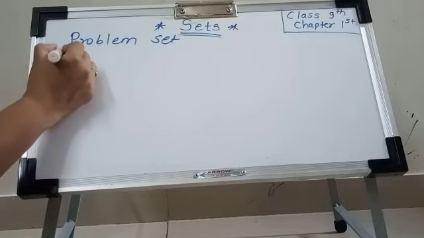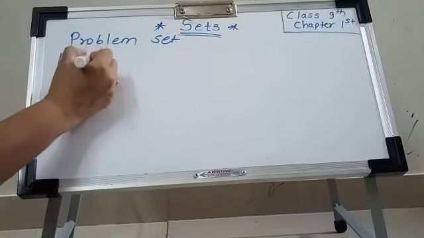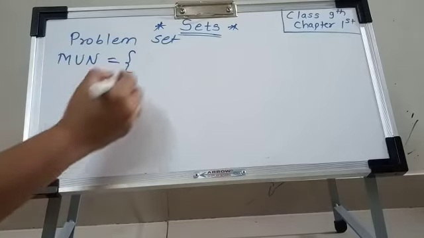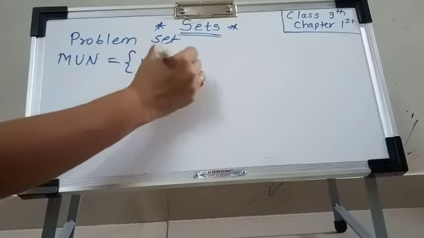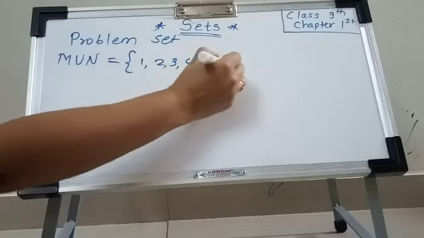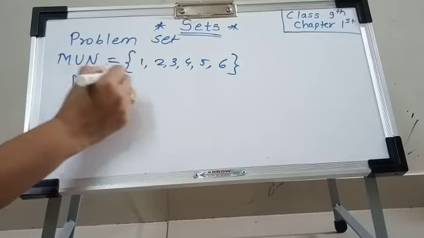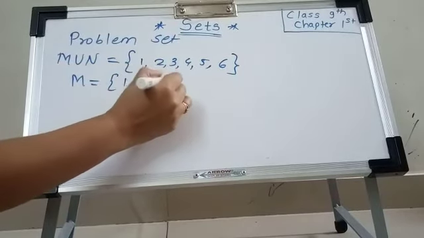Our next question: M union N is 1, 2, 3, 4, 5, 6, and set M is given as 1, 2, 4.